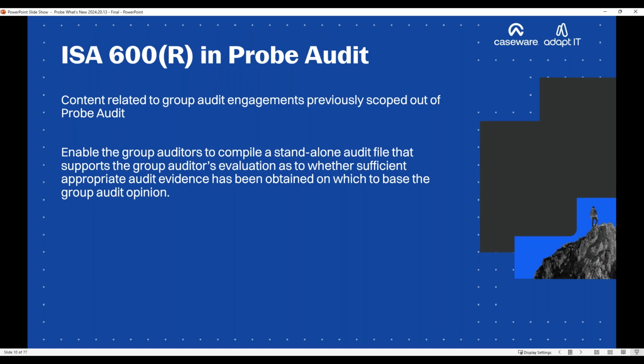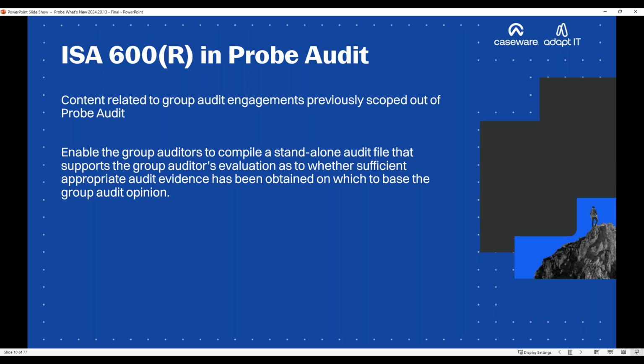So if you had a financial year before the effective date, you could use the old standard's requirements, and from the effective date onwards, you were automatically on the new standard. That's not applicable here. So if you use the ISA 600 material or content, you are early adopting ISA 600 within Probe. If you're not using the ISA 600 content in Probe, then you need to use your old documentation, the way that you've always done on group audits.